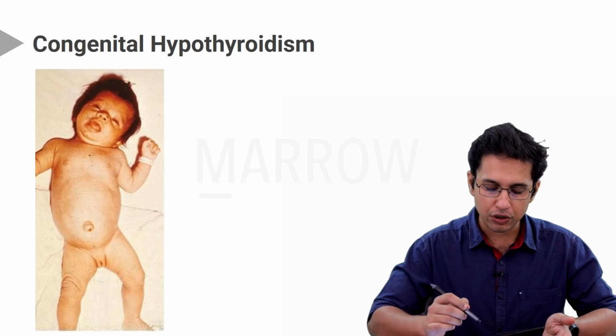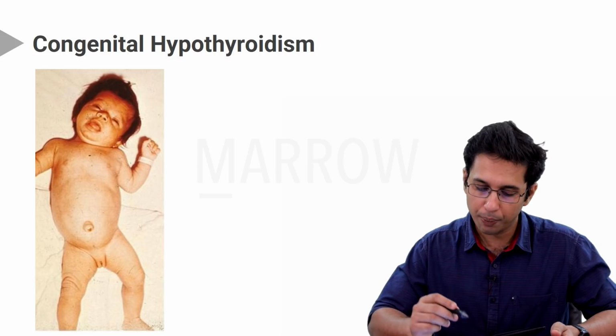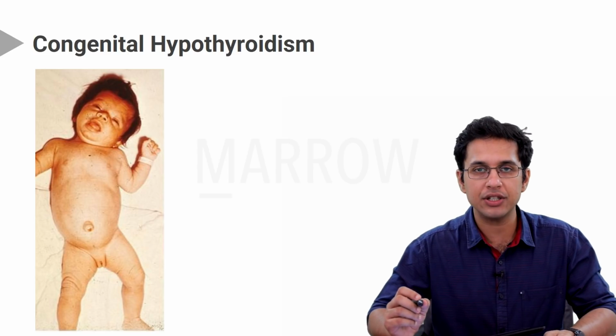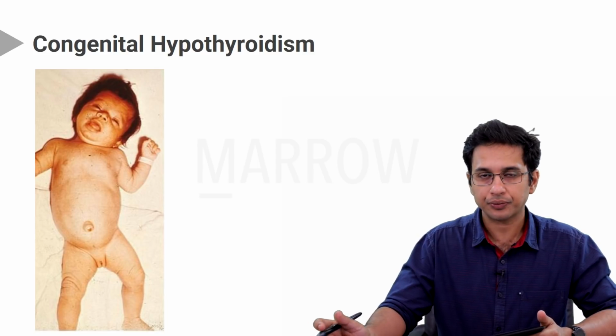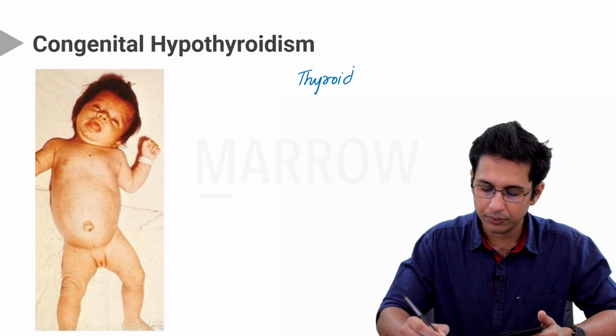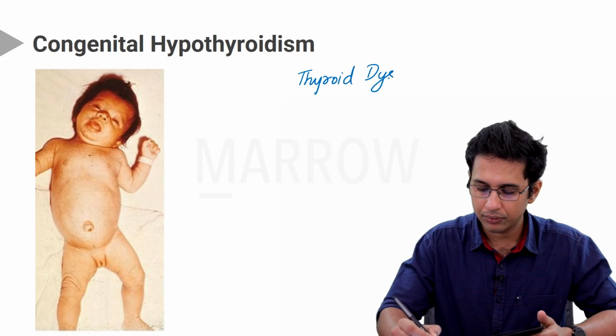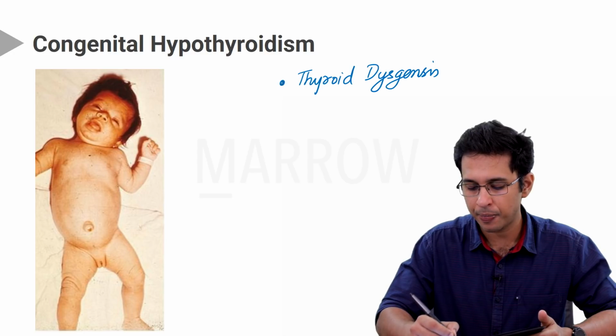Hypothyroidism obviously is a deficiency of these thyroid hormones. Before getting into the causes of hypothyroidism, let us stop here to discuss congenital hypothyroidism. What is the most common cause? Do you know? If you get a question, your answer is thyroid dysgenesis.